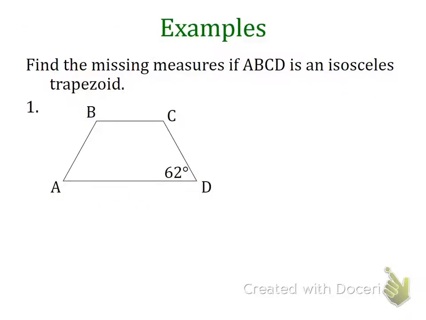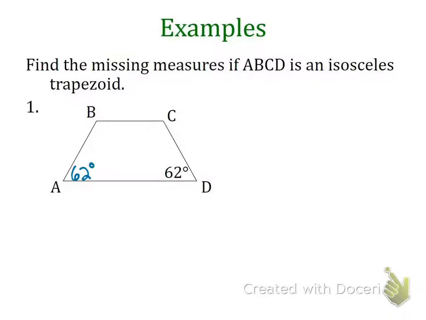Find the missing measures if ABCD is an isosceles trapezoid. That means the two sets of base angles are congruent. So if angle D is 62 degrees, what angle do we know right away? A. A is what, Jorian? 62. Perfect.